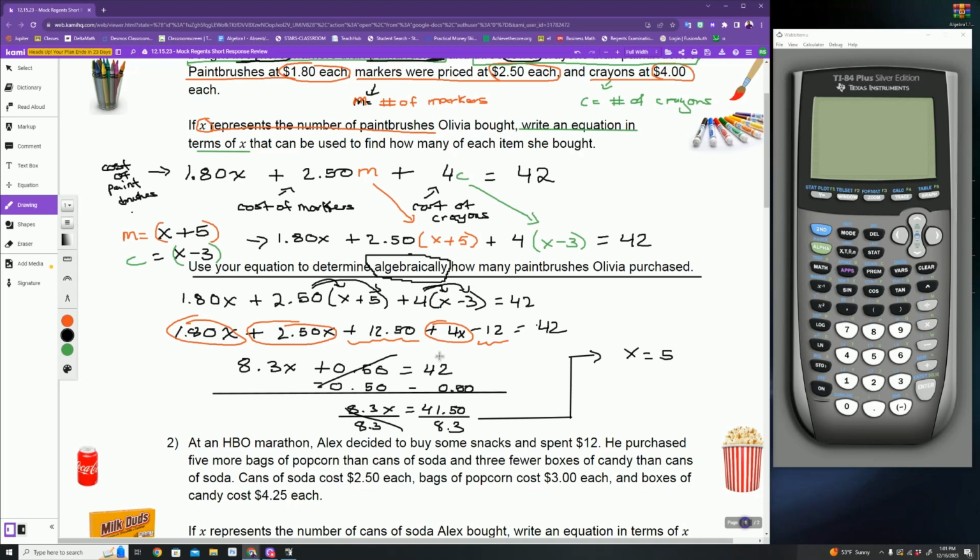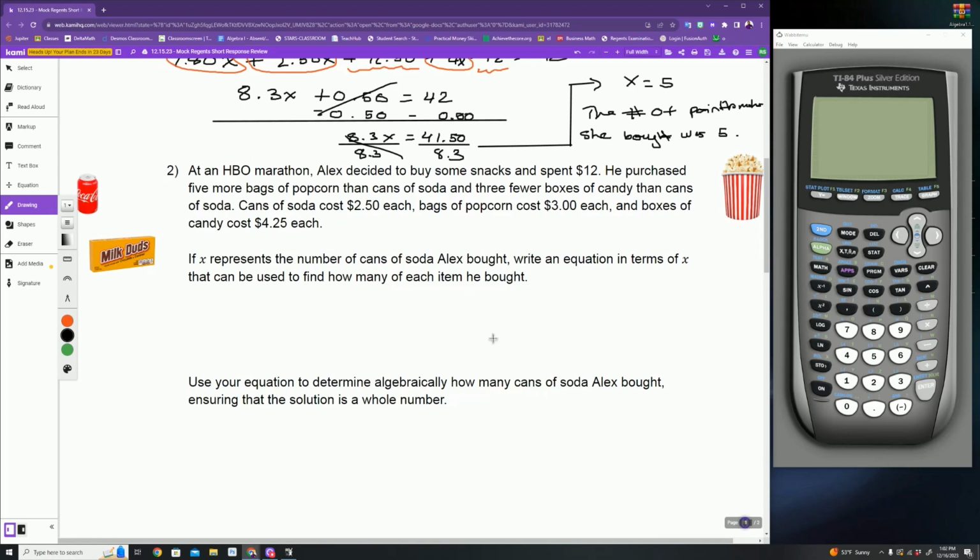And to put this in a sentence, the number of paintbrushes she bought was 5. And if she bought 5 paintbrushes, that means she bought 10 markers, and that means she bought 7 crayons. All right, moving on to number 2.